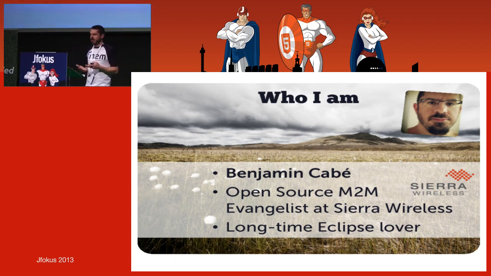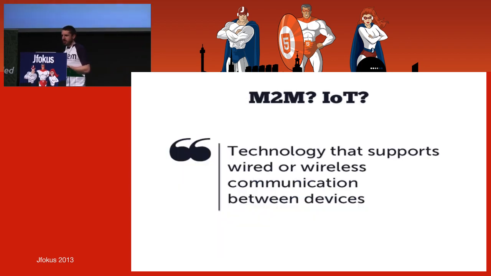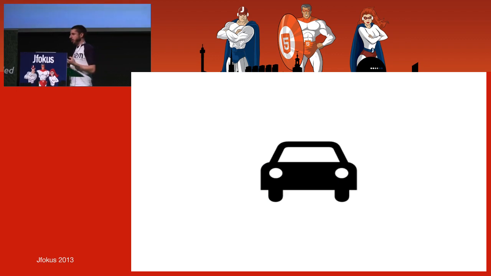What's M2M? What's IoT? I think if you've been in the room today, you've heard about M2M already. In a nutshell, these are all the technologies that enable connecting objects and devices to the internet, and having them communicate with each other. That might be a car: you have an accident and want to report your location to the emergency services.